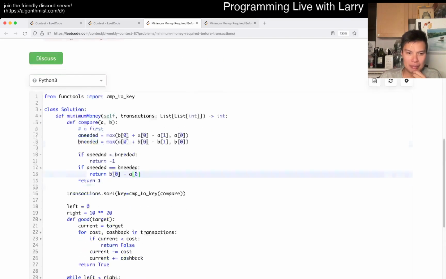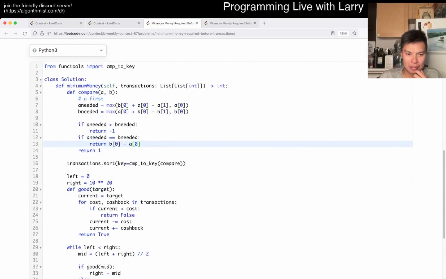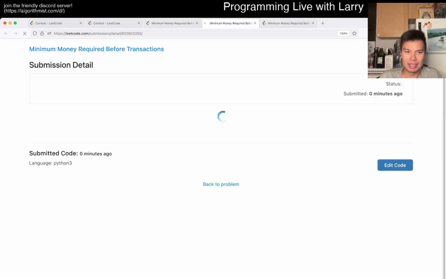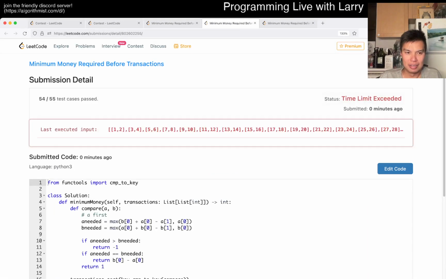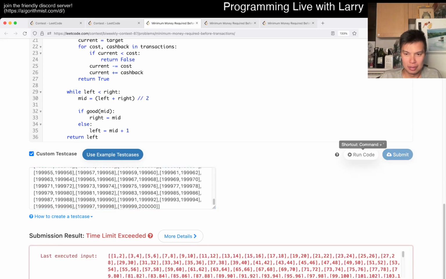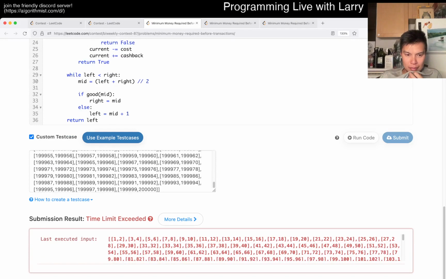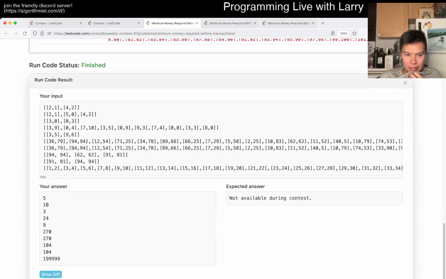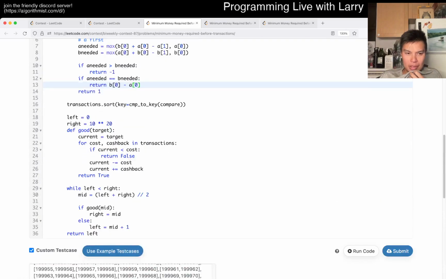Time limit exceeded? Did I have a print statement that I forgot? That is actually not one of the things I considered. It's just sorting. Why is it?